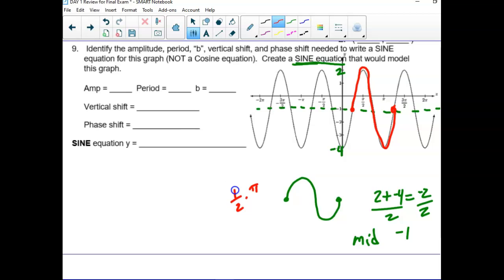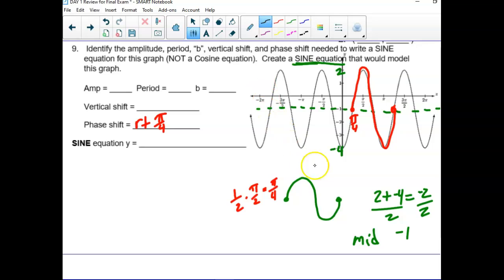Half of pi over 2 would be pi over 4. So this is at pi over 4. So that's the phase shift that I'm going to use, because that's where I saw that sine shape, and they said I had to call it a sine.